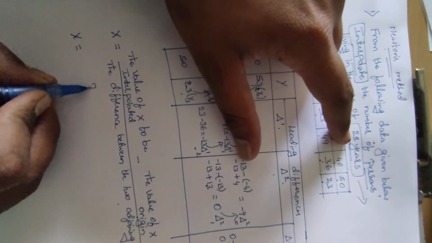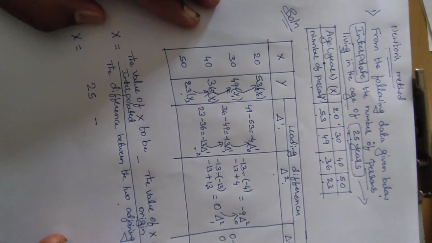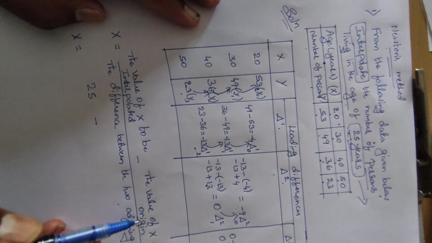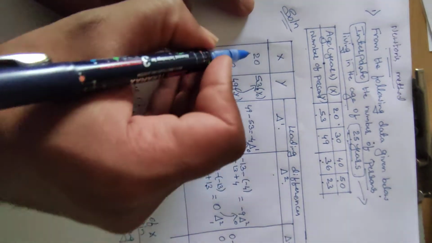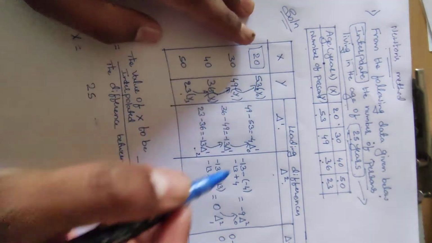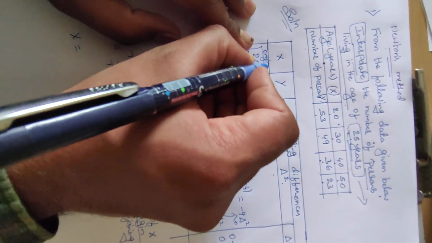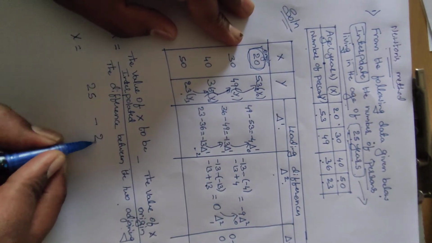The value is 25 minus the value of x at the origin. Origin means starting, beginning. So the value of x at the origin, x is this variable, the beginning value is 20. 25 minus 20.